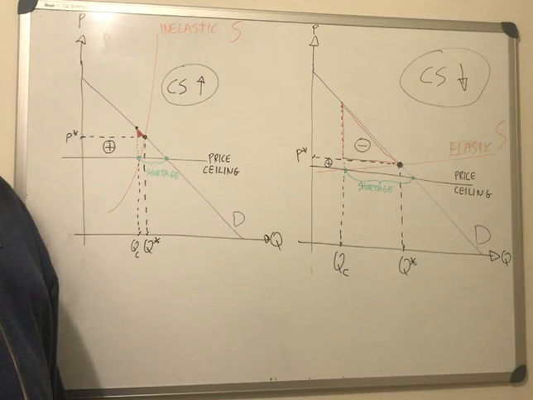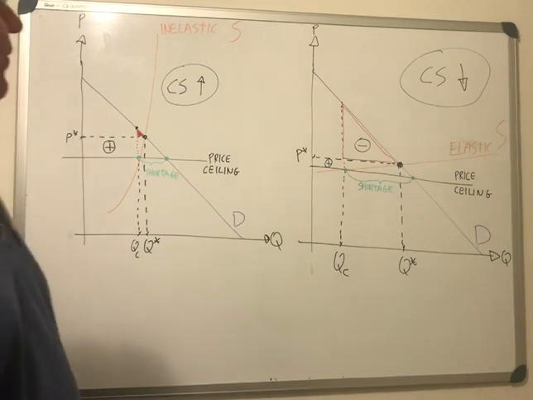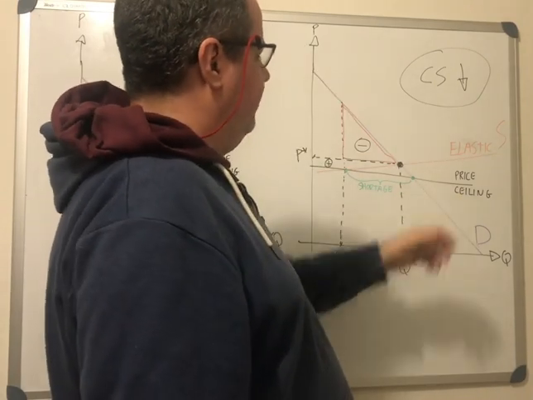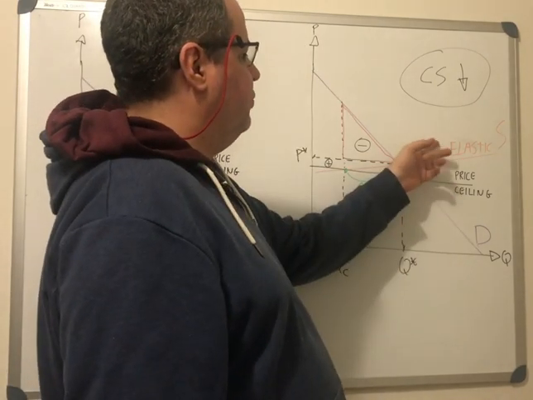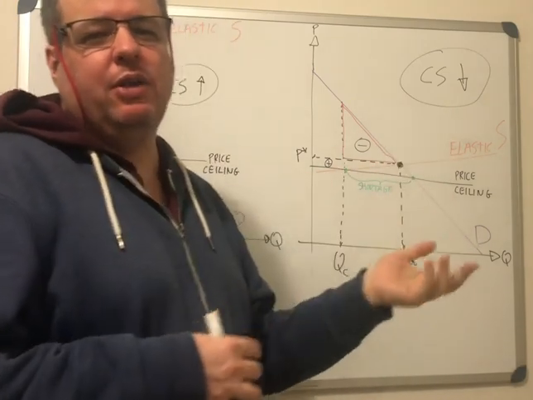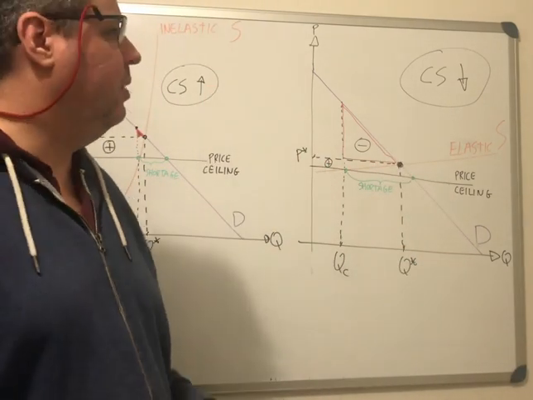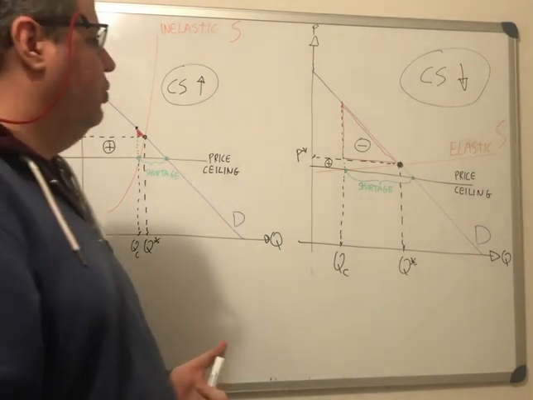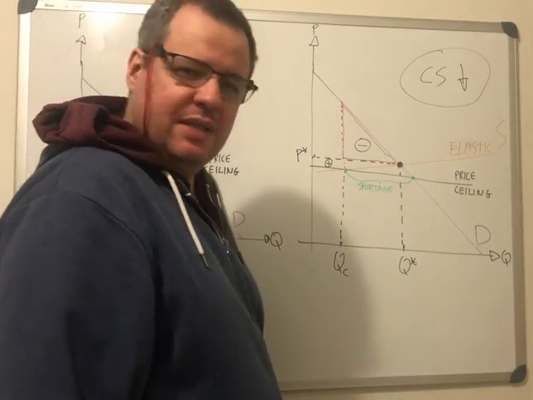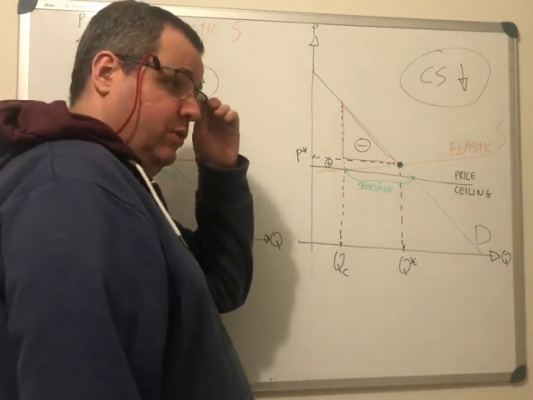It's possible, okay? But if the supply is relatively more elastic than the demand, then the producers are kind of the stronger side in the market here. And if you try to help consumers by introducing a price ceiling, the result is a disaster, okay? The result is a disaster.